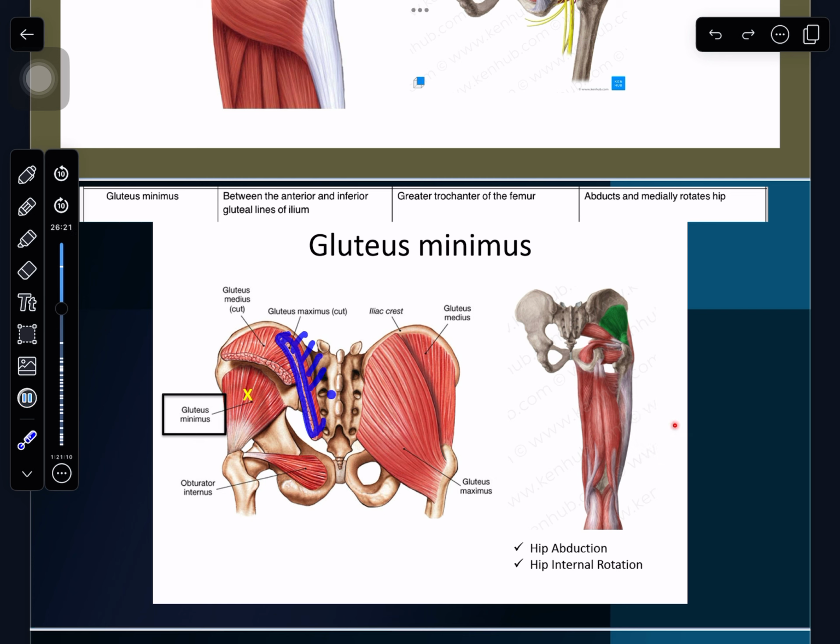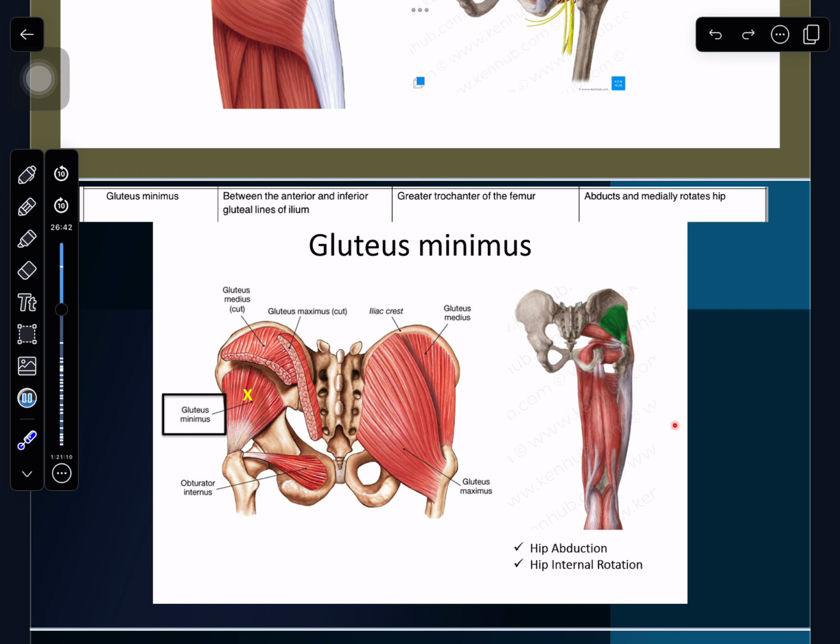And so the gluteus medius and the gluteus minimus generally are going to run in a very similar orientation. It's going to be one on top of the other, with the glute min being deep to the glute medius. And then, of course, the glute max at the most superficial layer is going to come at an oblique angle right across the top, as you can see.